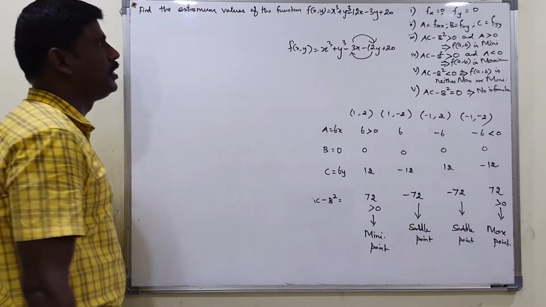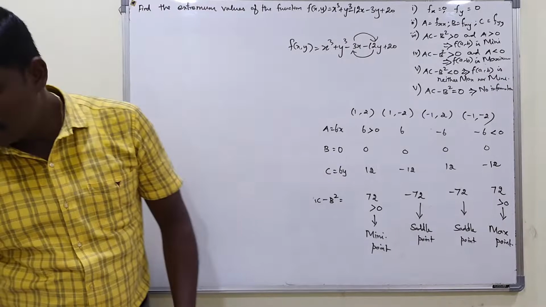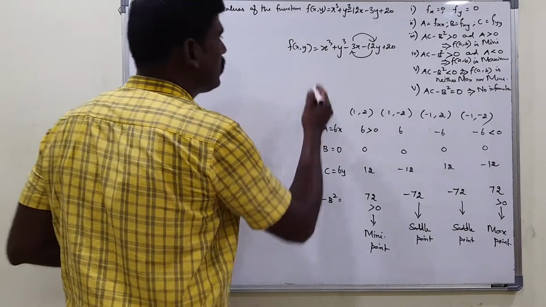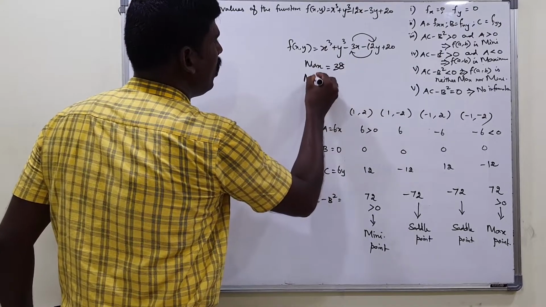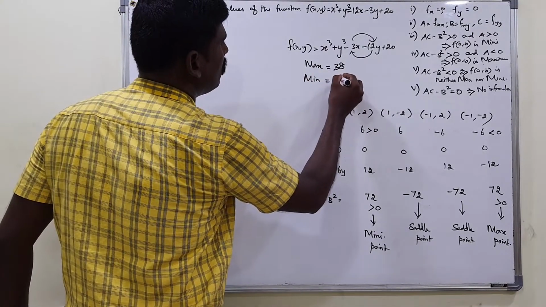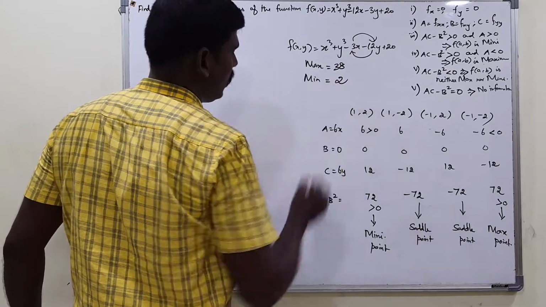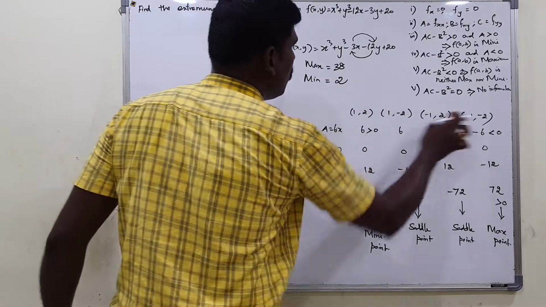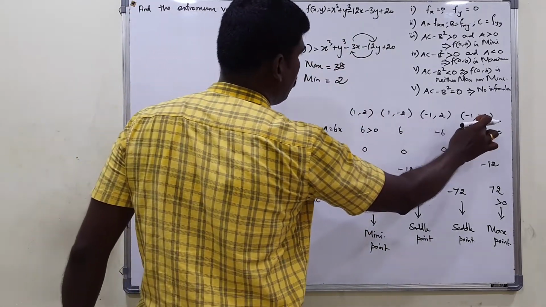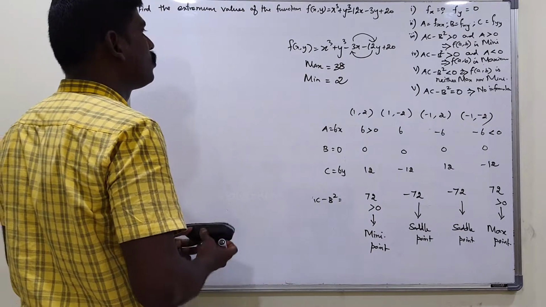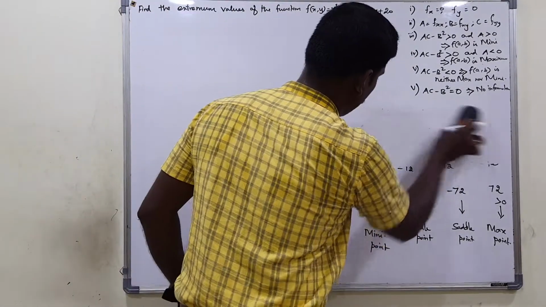Proceed like this, you get the maximum value as the same 38 and the minimum value 2, yes, right. So the points may be interchanged. You may get the maximum value at this point, and the minimum value at (-1, -2). That's all, and you have to do it.